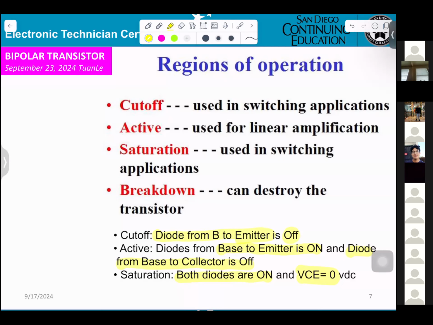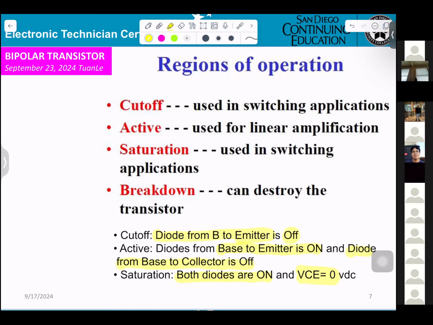For the active region, the first thing is the diode from the base to emitter is on. However, the other diode, from the base to collector, will be off.